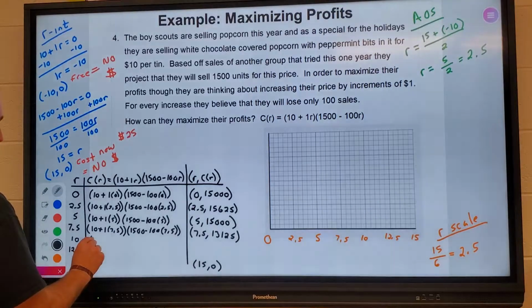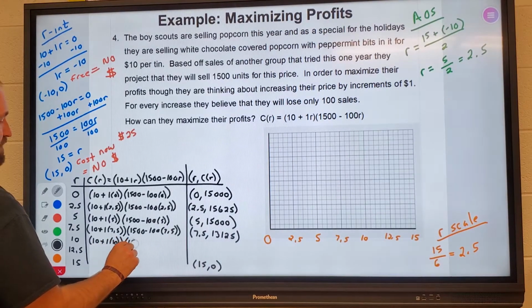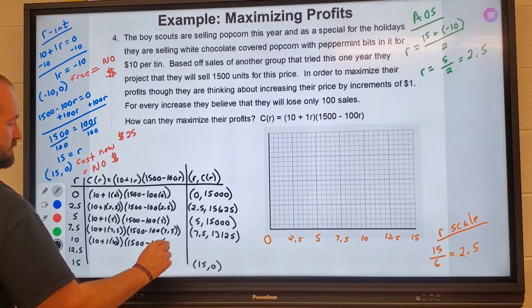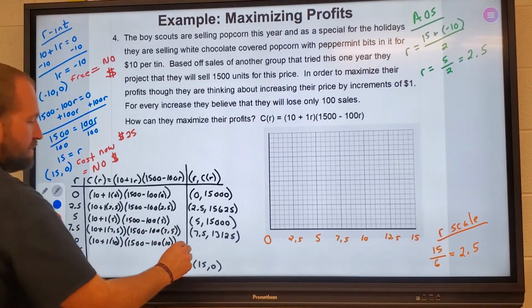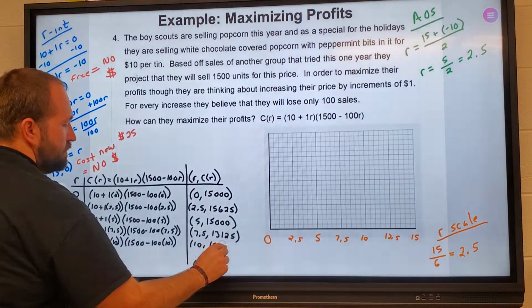Plug in 10, we have 10 plus 1 times 10 times the 1,500 minus 100 times 10. You work that out, you get 10, comma, 10,000.